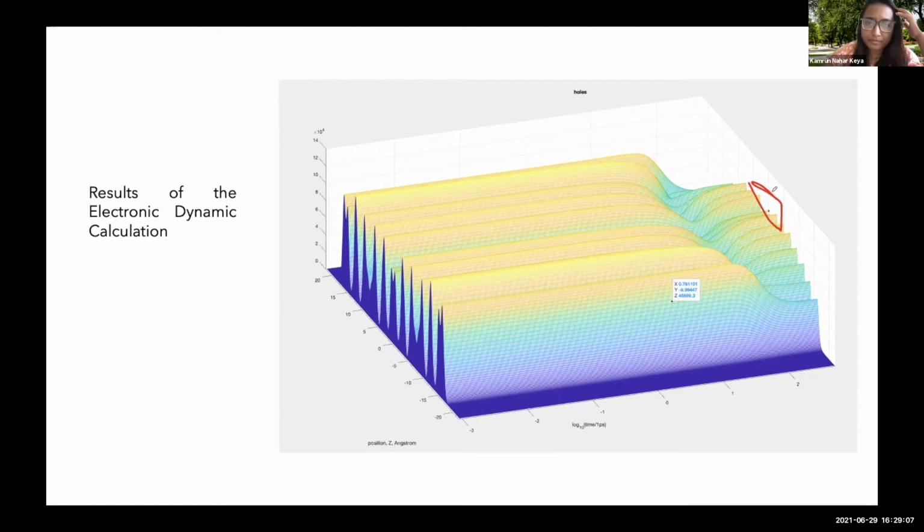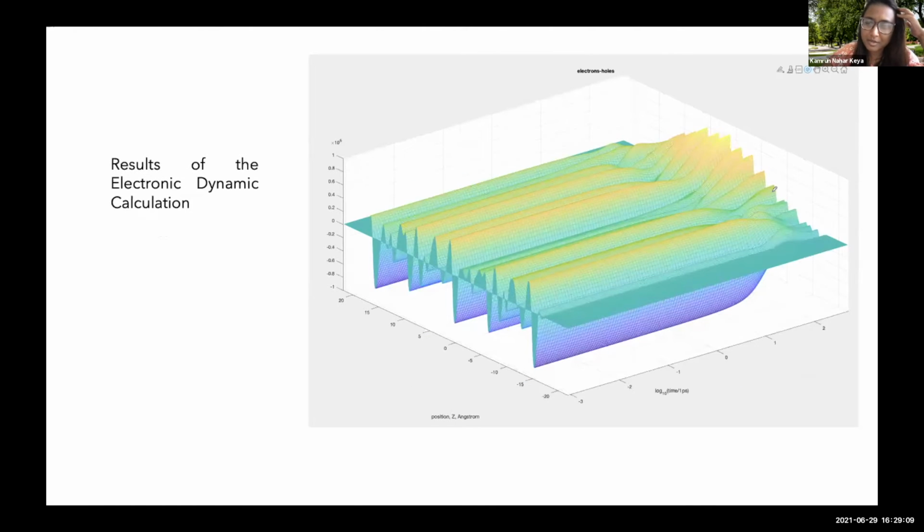This one is the margin of the values of electrons and holes, HOMO and LUMO. It shows the 3D direction, but only the z position in the z direction.